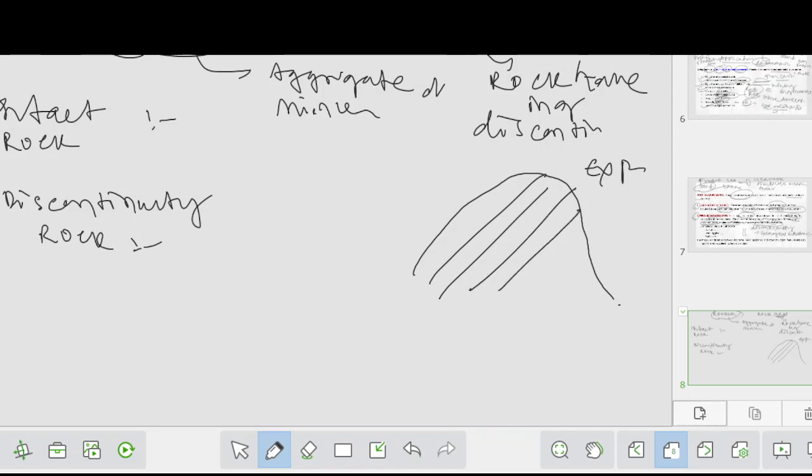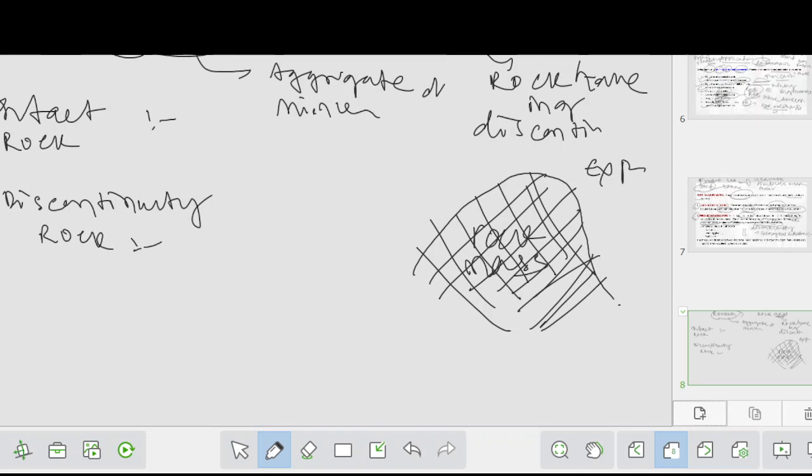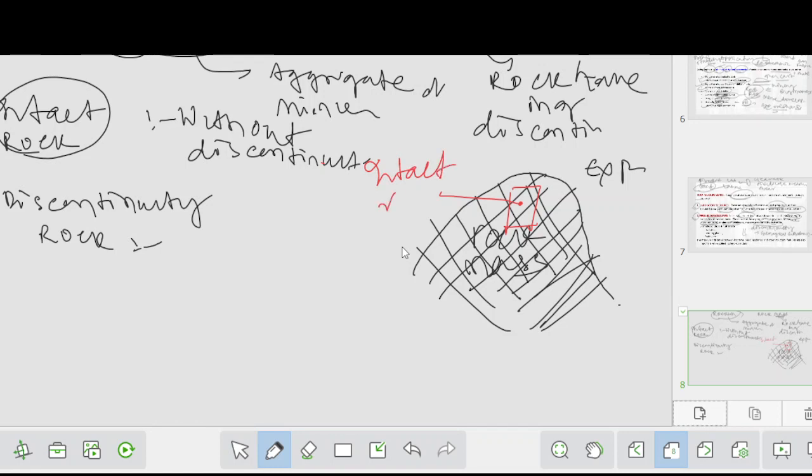Suppose there are a lot of joints you are getting in that terrain, then it is called rock mass. Clear or any doubt? Or intact rock without discontinuity. Are you clear or not clear? Suppose at this location you have brought a sample from here, right? It is intact rock. In between discontinuities you can also find intact rock.